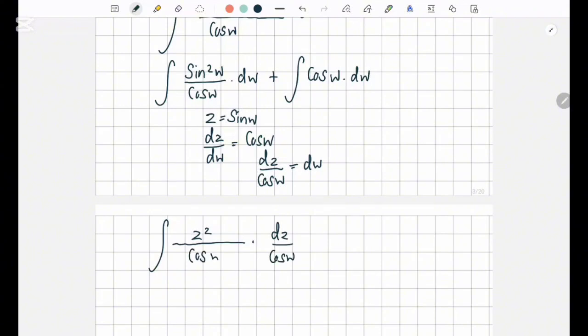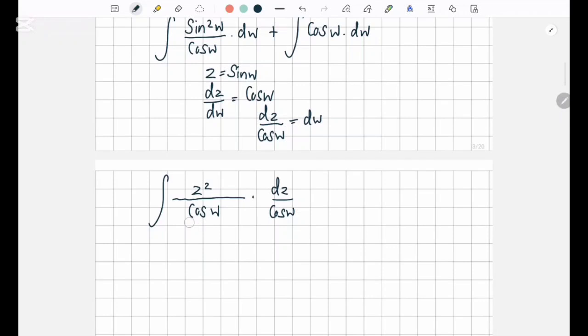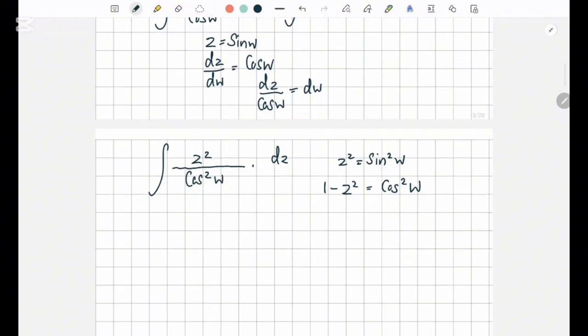We have cos w in the denominator of the integral, right? So cos w into cos w gives you cos squared w. So if z squared equals sine squared w, then 1 minus z squared equals cos squared w, right? So then you can write z squared over 1 minus z squared dz.